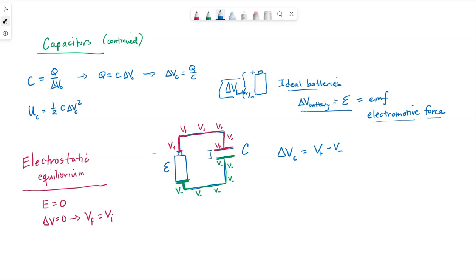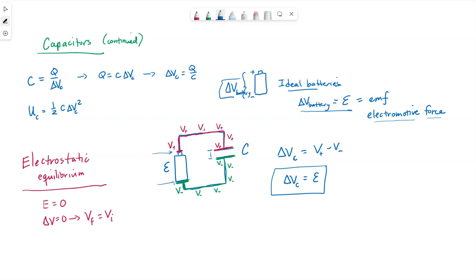But V positive is the same as the positive terminal of the battery. V negative is the negative terminal of the battery. In the case where we have one single capacitor attached to our battery, and we're talking specifically equilibrium has been reached, the capacitor's voltage difference or potential difference between its plates will be the same as the battery's potential difference.